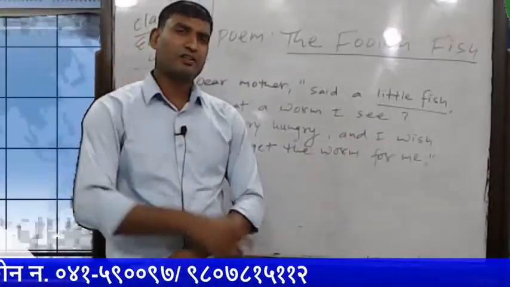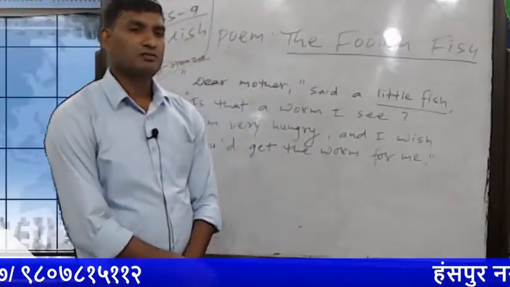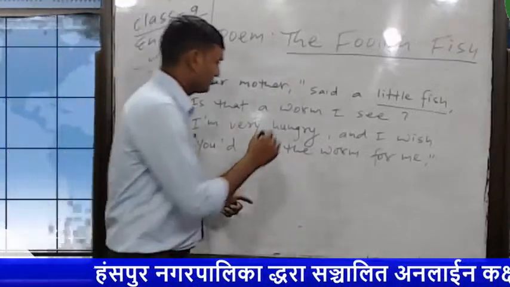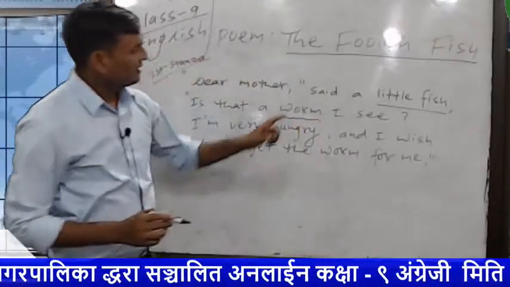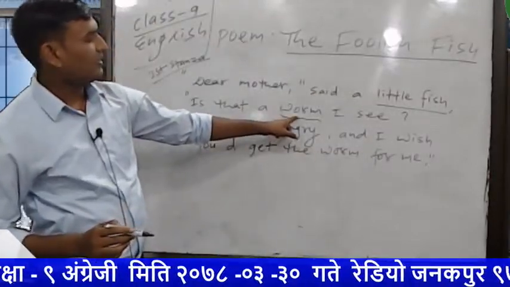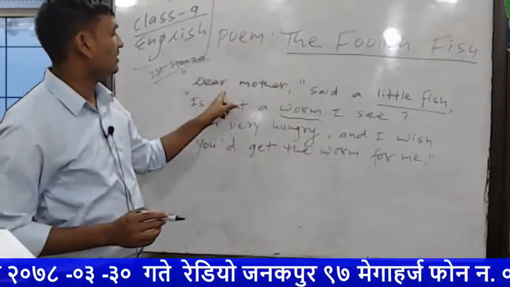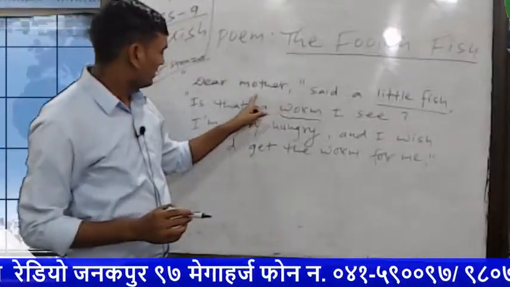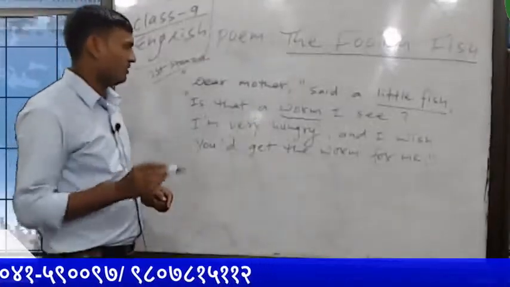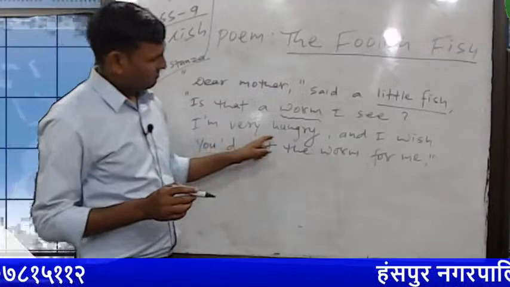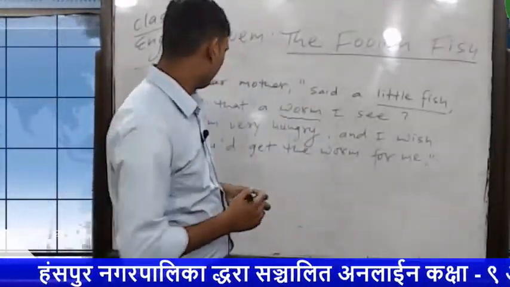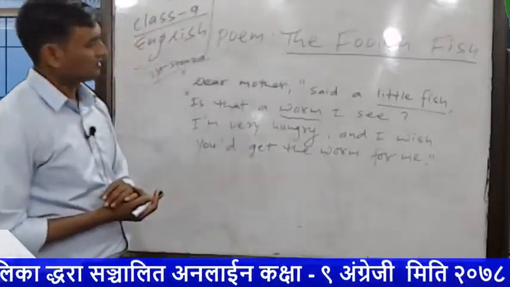It means there is a food item, a worm, in the water. The little fish saw a worm and said to his mother, "Dear mother, is that a worm I see?" It means I am seeing a worm, and I am very hungry, and I wish, please give me the worm.